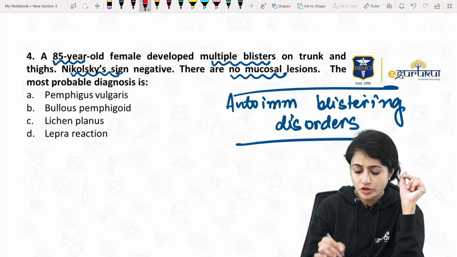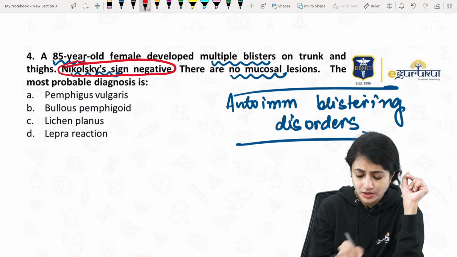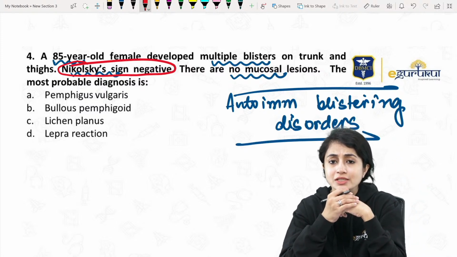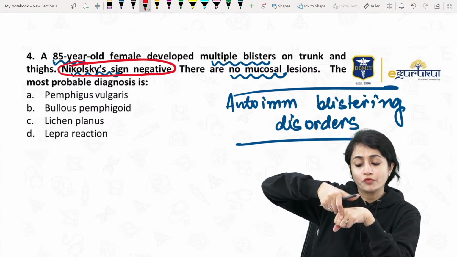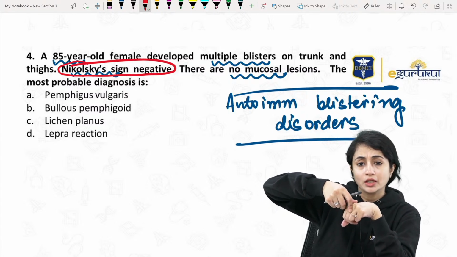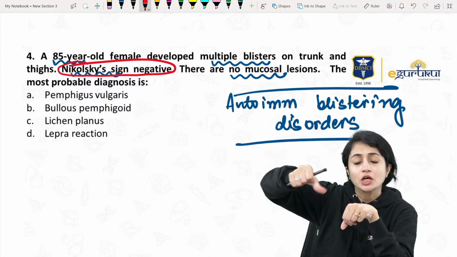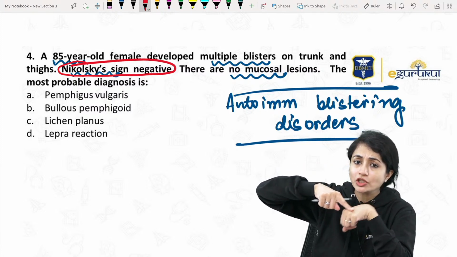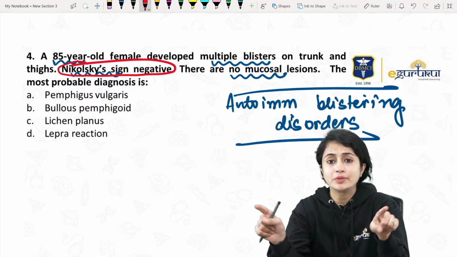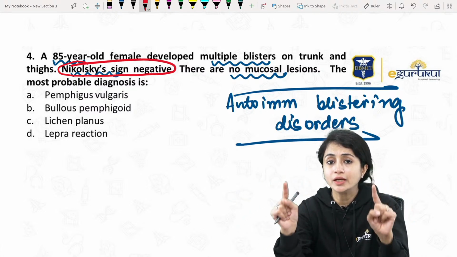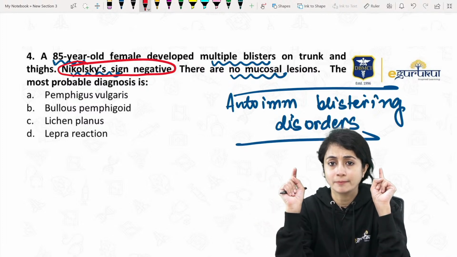Here the important pointer is Nikolsky sign. What is a Nikolsky sign? Nikolsky sign is if you exert a shearing force over the skin, there would be a split or a vesicle formation in intraepidermal disorder. Subepidermal disorder have negative Nikolsky sign.